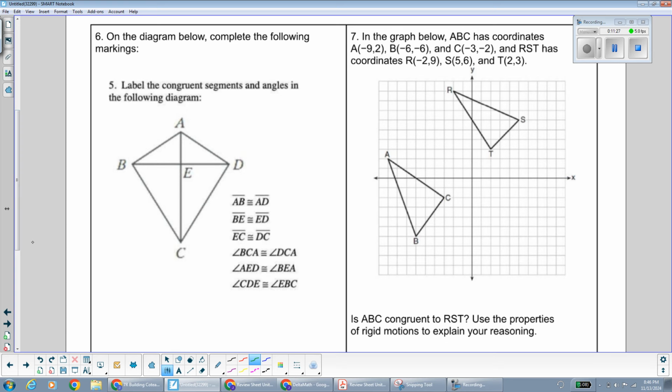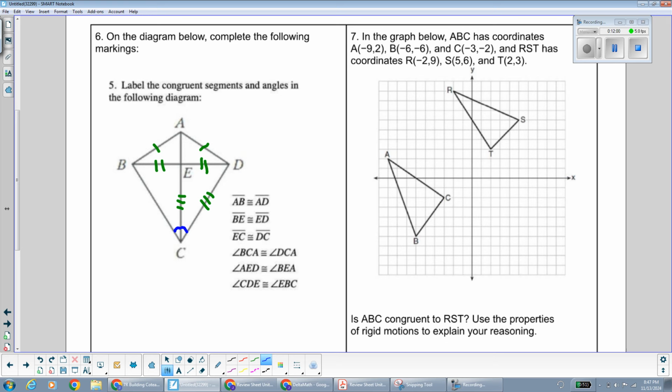For number 6, we just need to mark the diagram with the given information. So AB is congruent to AD. BE is congruent to ED. EC is congruent to DC. Angle BCA is congruent to angle DCA.